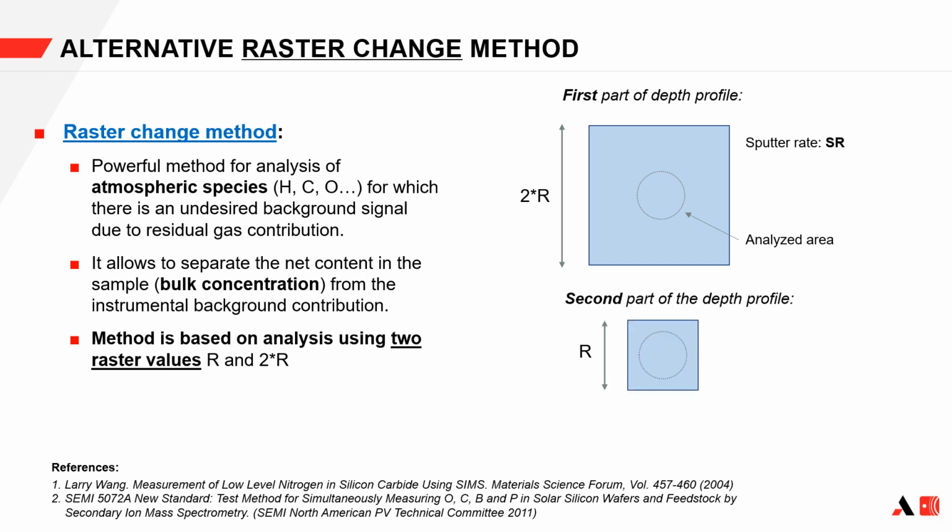Then, at some point, we change, in fact reduce, the raster size to R. As a result of this raster change, the sputter rate becomes 4 times faster than with the previous raster size. Remember that the size of the analyzed area remains unchanged during this process.